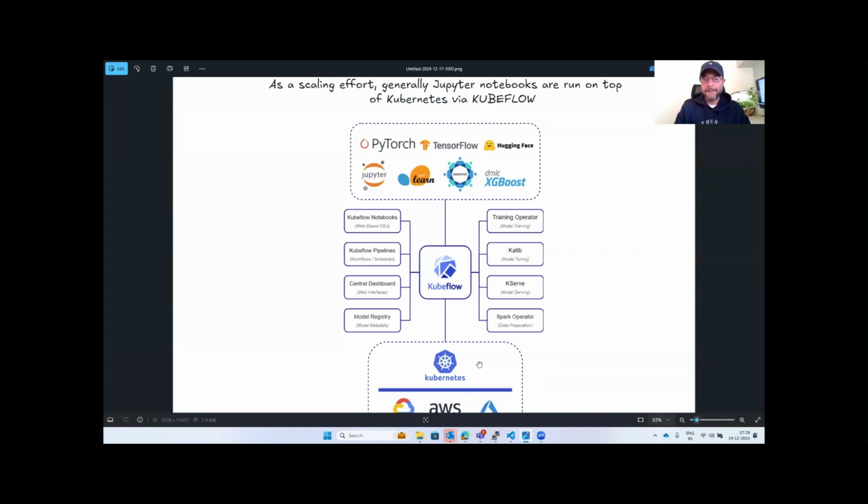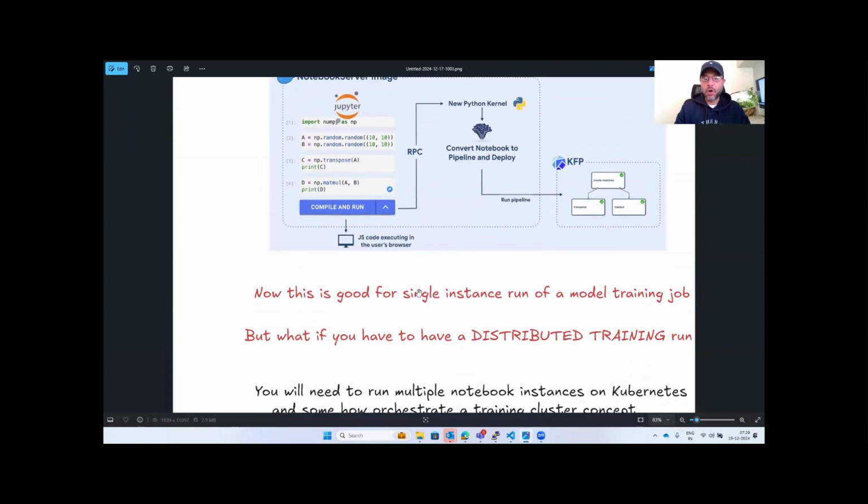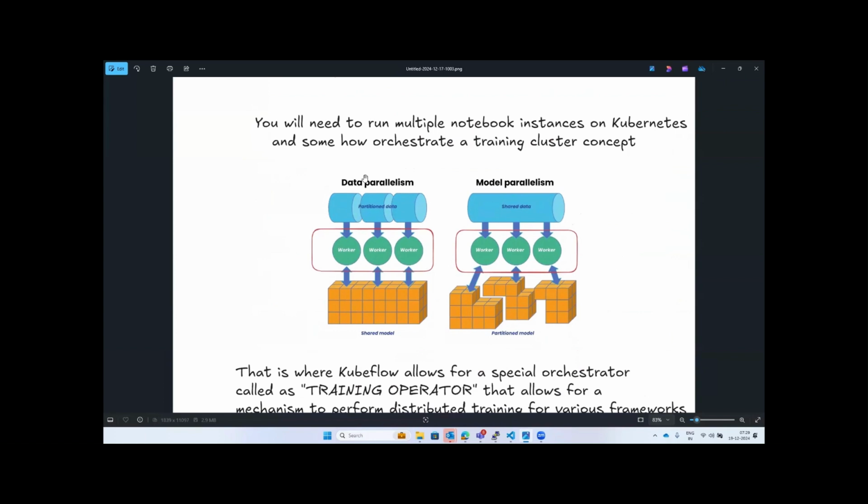Each of these frameworks has specific implementations of how they achieve data parallelism or model parallelism, or they have blended both into a superior concept in their own implementation frameworks.